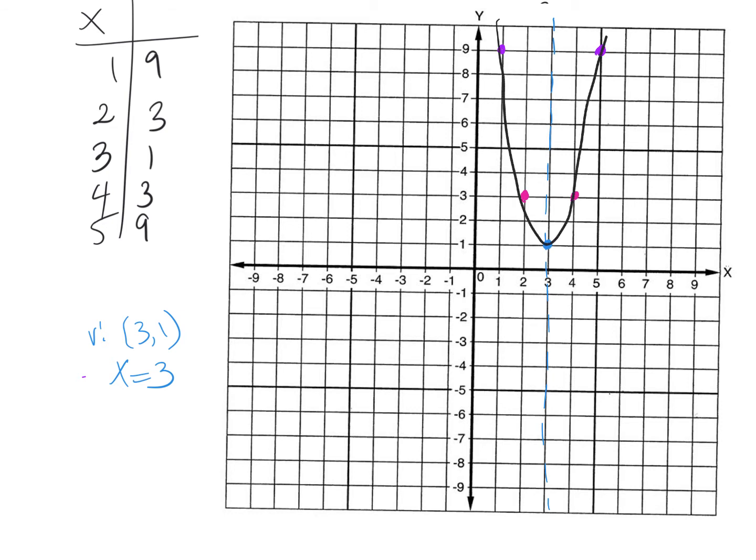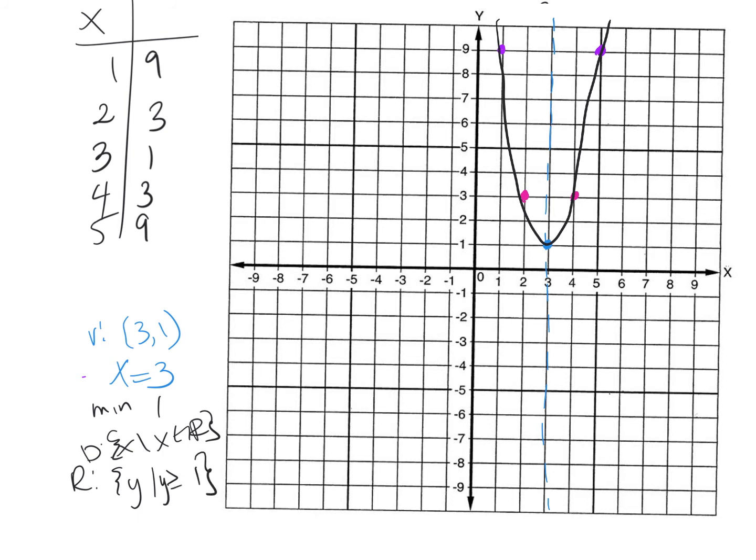Since this graph opens up, we have a minimum of 1. Our domain is all real numbers. Our range is greater than or equal to 1.